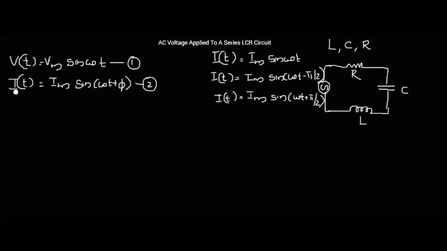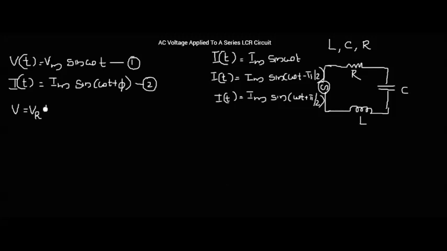So we are representing, let I of t is the current flowing through all the components and the total voltage will be the sum of individual voltages. Okay, I am providing a total voltage of V across the combination of this LCR circuit, and the total voltage will be the sum of the individual voltages.